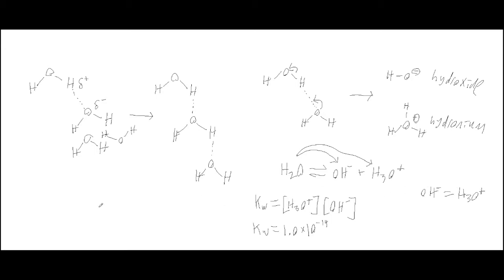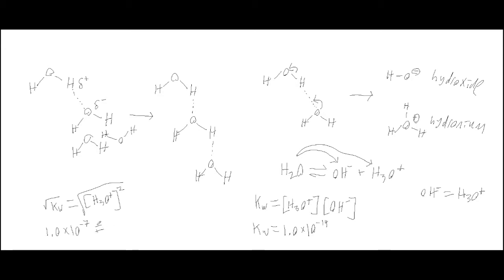And so we can say that the square root of Kw is equal to the square root of H3O plus squared, and the square root of 1 times 10 to the negative 14 is 1 times 10 to the negative 7.